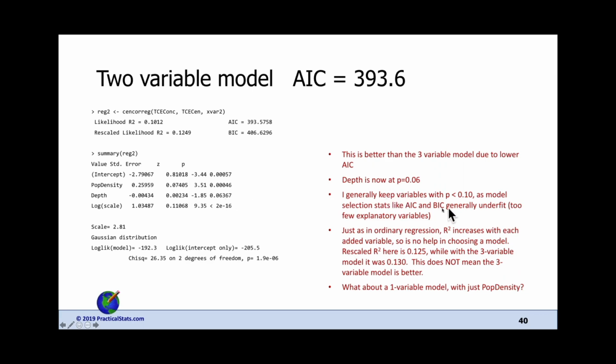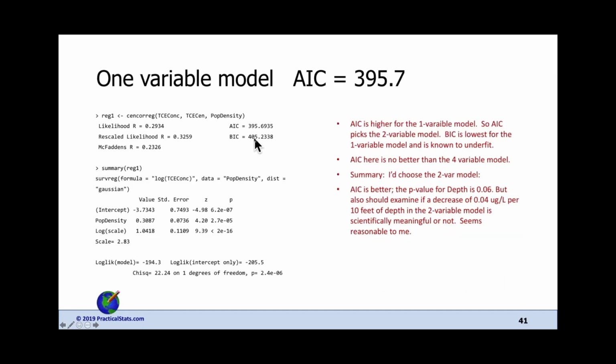And BIC is worse at this. So this is the lowest AIC model with this data, 393.5. It's not yet the lowest BIC. If we go down and drop out the one with 0.06 and just have population density in there, the BIC is slightly lower. The AIC is actually quite a bit higher.